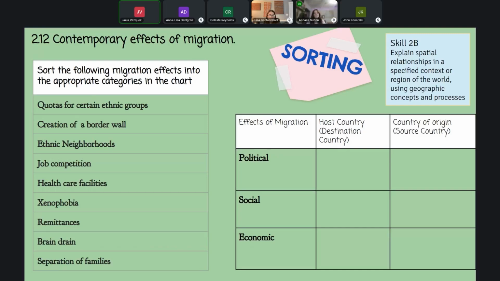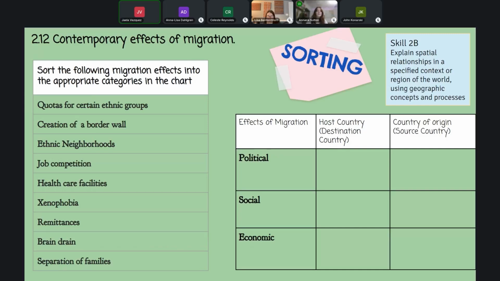Skill 2B says explain relationships in a specified context or region of the world using geographic concepts and processes. So I have that idea of effects of migration, and then we put social, political, economic, and then I put the effect on the host country and the country of origin. And then I give the answers because we don't have a lot of time in review. So then the kids are just going to sort them and put them in the right place.